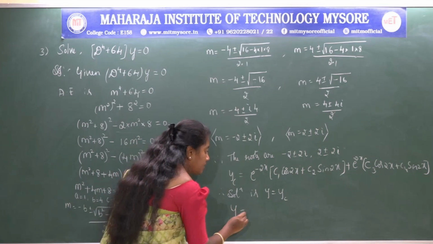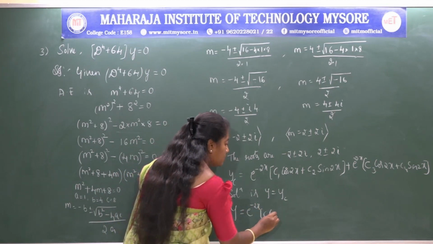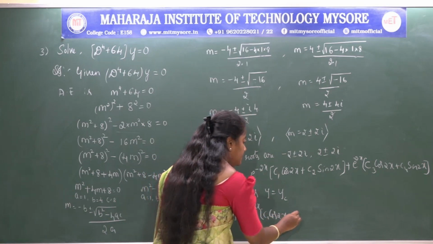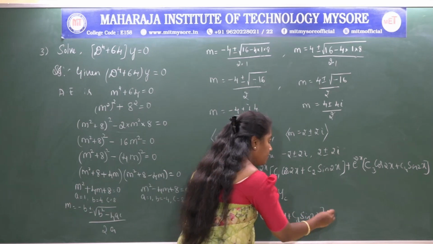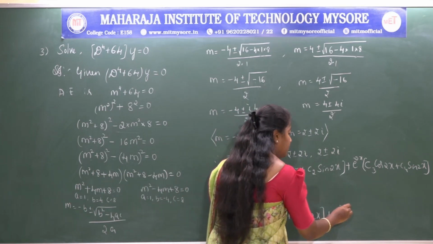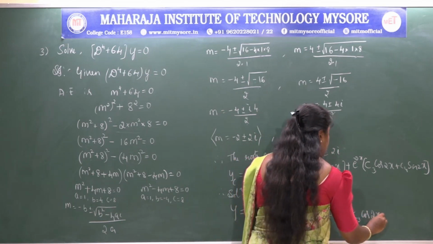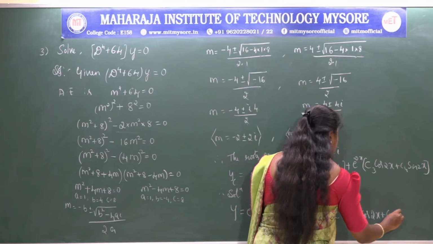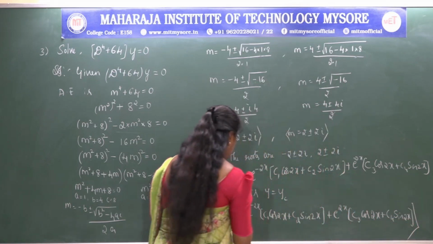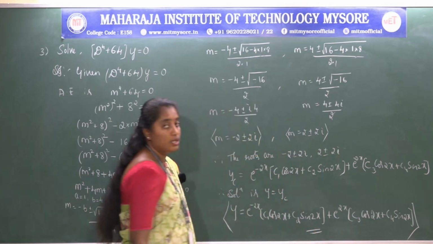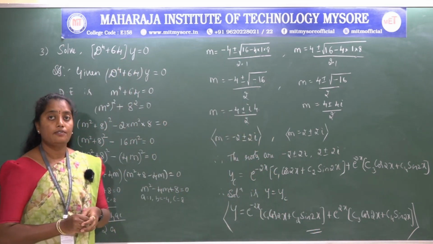Therefore, y is equal to e power of minus 2x into C1 cos 2x plus C2 sin 2x, plus e to the power of 2x into C3 cos 2x plus C4 into sin 2x. So this is the solution of the given differential equation D power of 4 plus 64 of y is equal to 0.